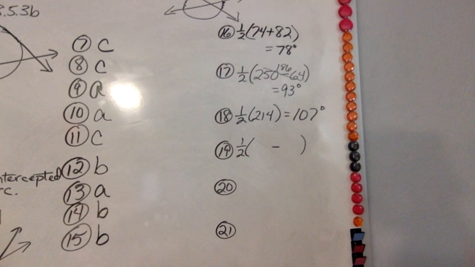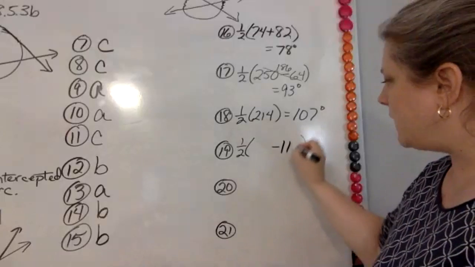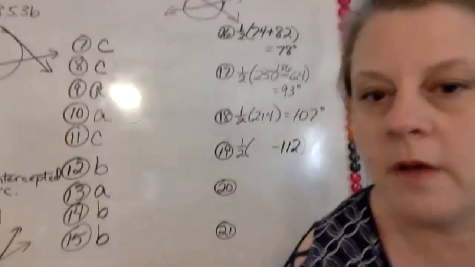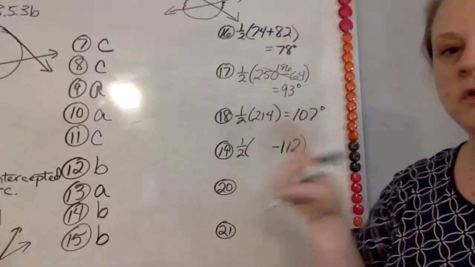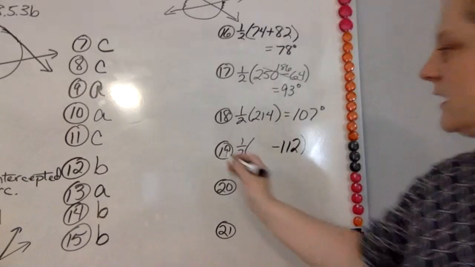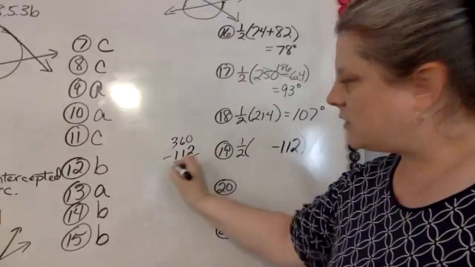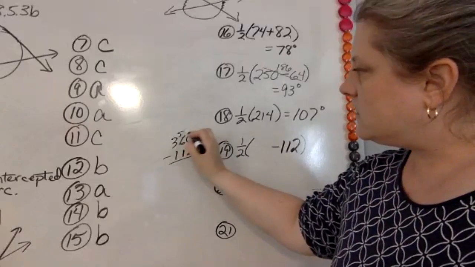On the picture, the little arc closest to the angle is 112. Did they tell you the big arc? No. But we can find the big arc because what does the entire circle equal? 360. So this one you have to do a little work on the side. 360 minus 112 to find the big arc.